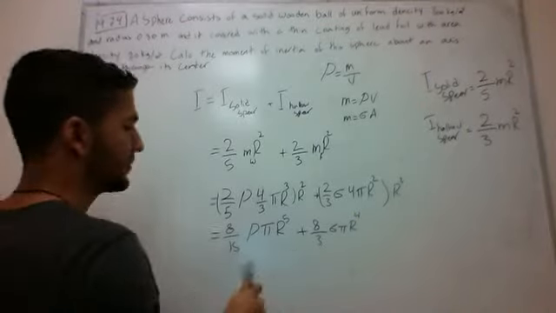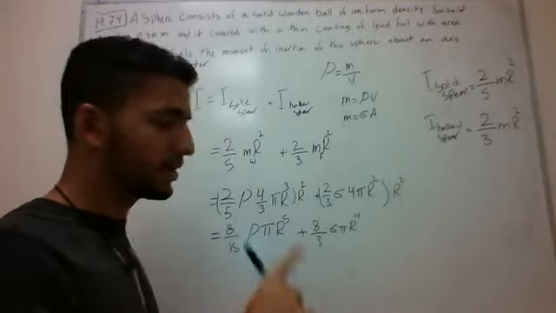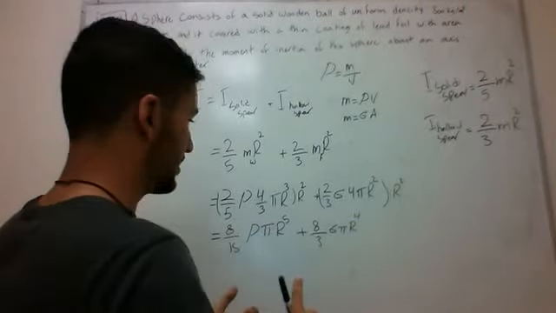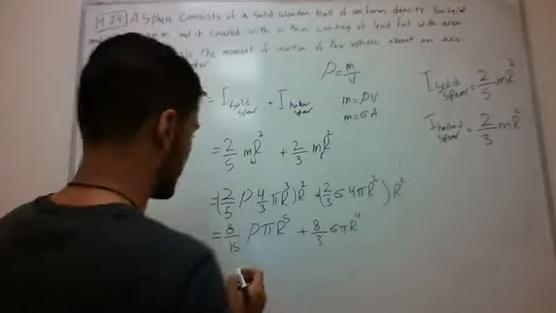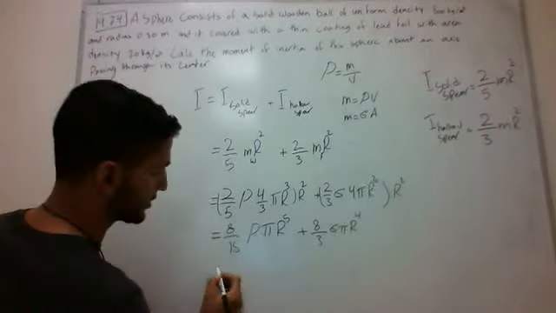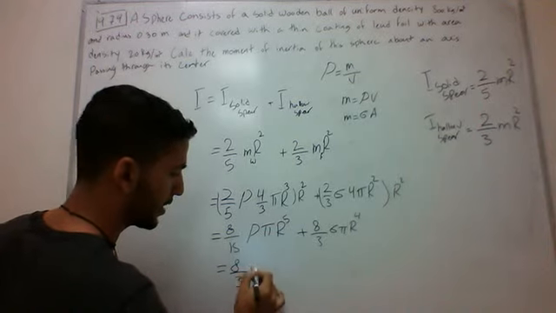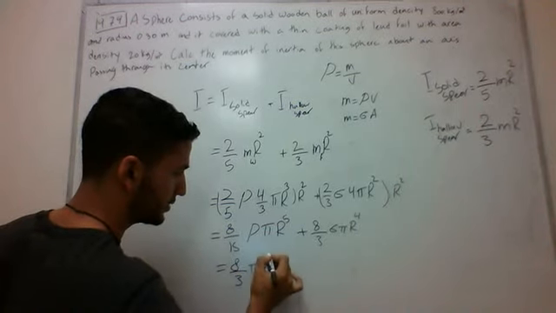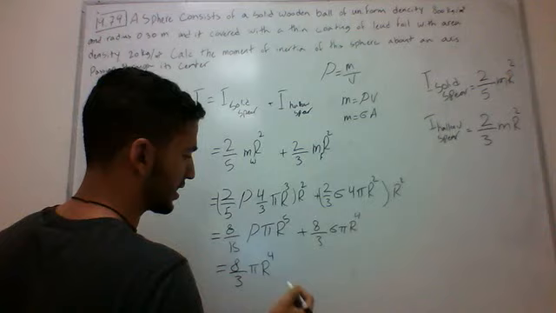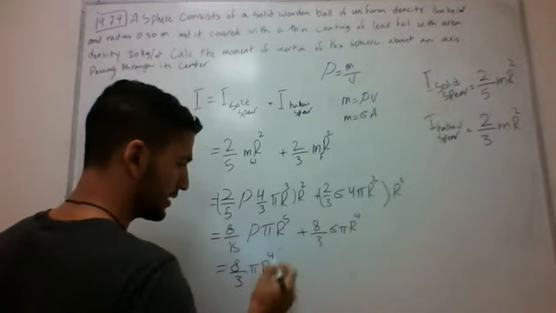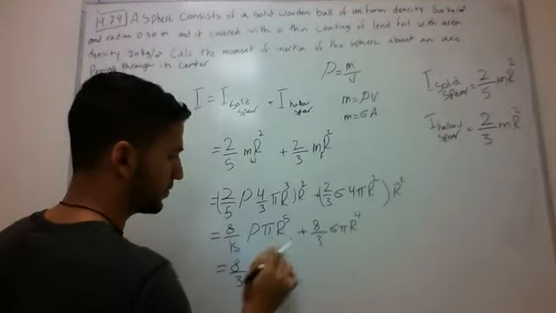Okay, now we have similarities between pi and r and the number 8 over 3. So we can take that as a common factor. So we're going to have 8 over 3 pi r to the 4th. So that's a common. So we multiply this with what we have.